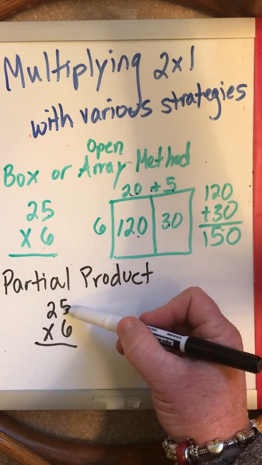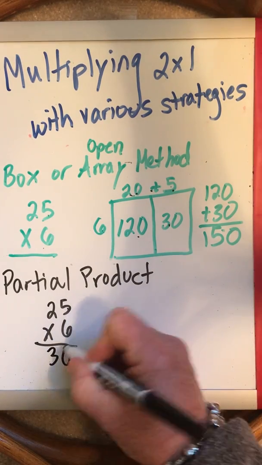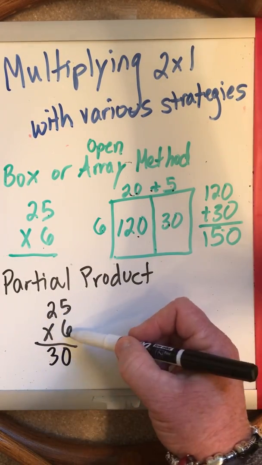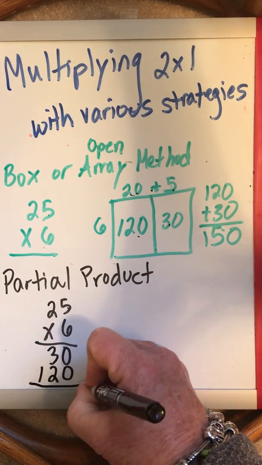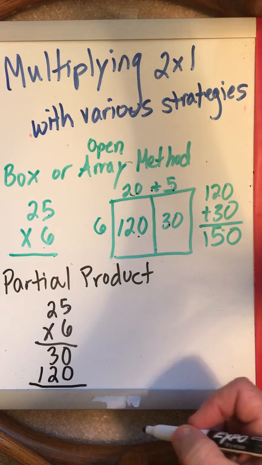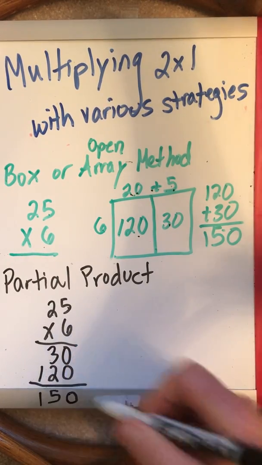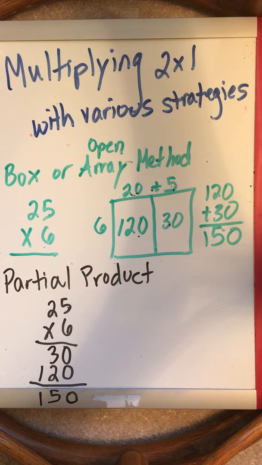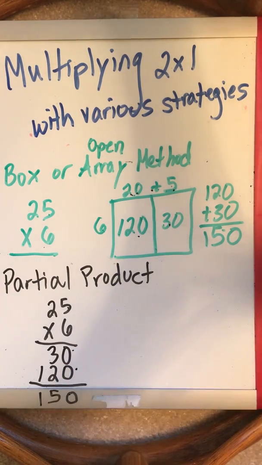So you're just going to multiply 5 times 6, which is 30. Write your 30 down, and then you're going to multiply your 20 times 6, which is 120. Draw your line, you add them together, and you're going to get your 150. Again, same thing, same numbers. Really, it's the same idea. It's using the distributive property.